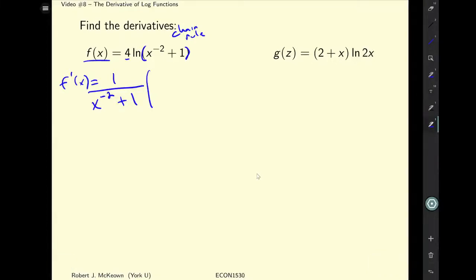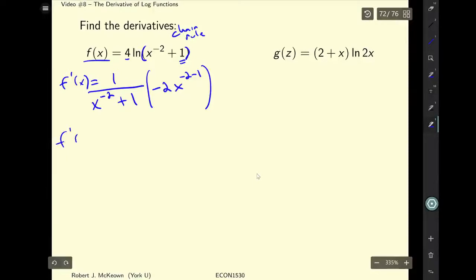Chain rule is very important. And what's the derivative of the inside? Well, this is just an additive constant. It's just going to disappear. I've got negative 2x to the negative 2 minus 1. And so the derivative of this thing is going to be equal to negative 2x to the negative 3 over x to the negative 2 plus 1.